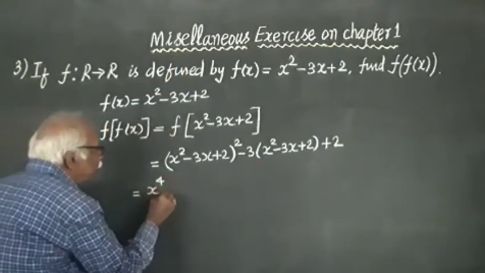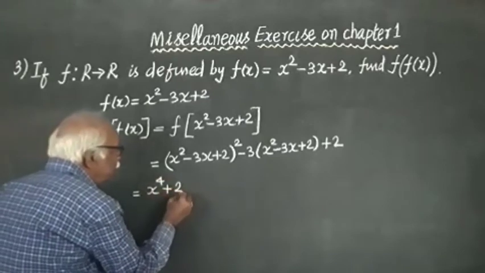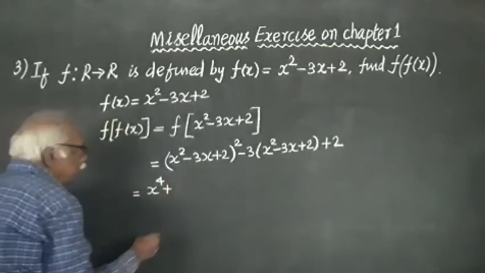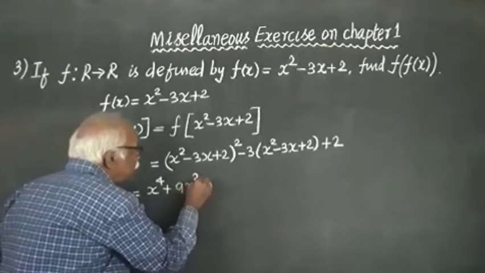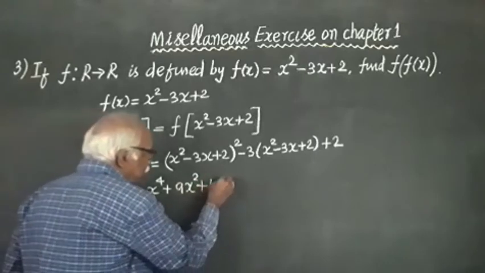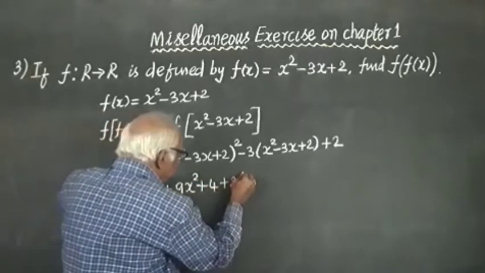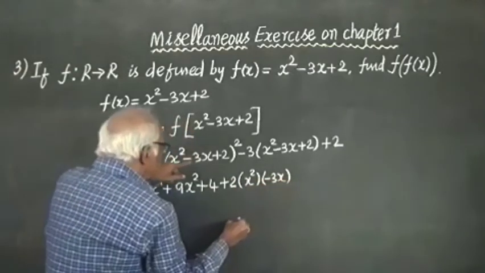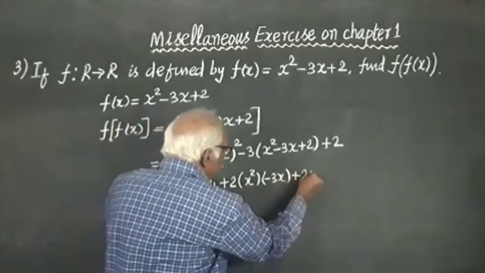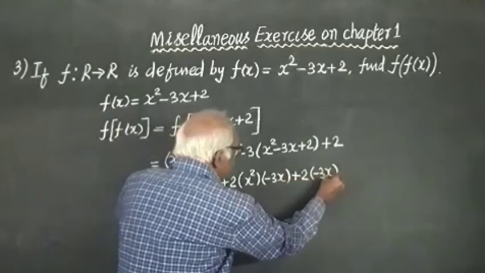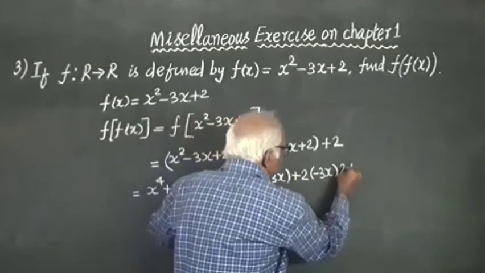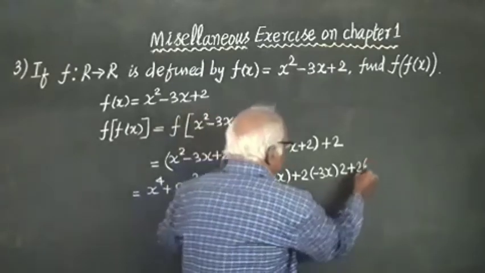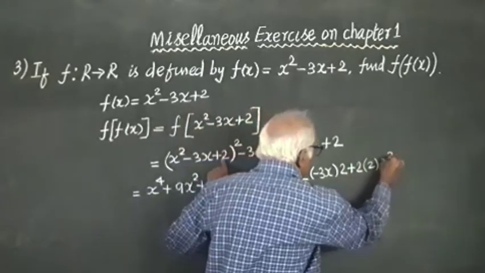x power 4 plus 2 into 9x square plus 4 plus 2 into x square minus 3x plus 2 into minus 3x into 2 plus 2 into x square.